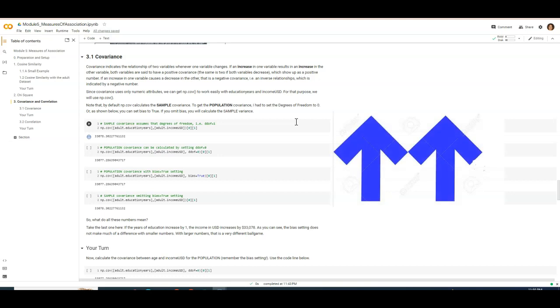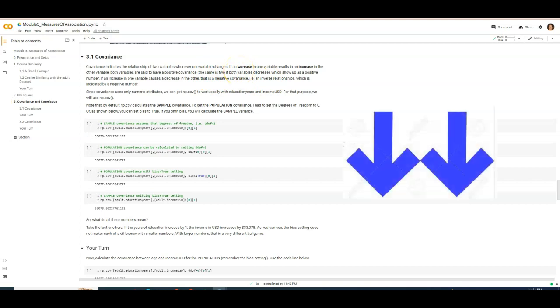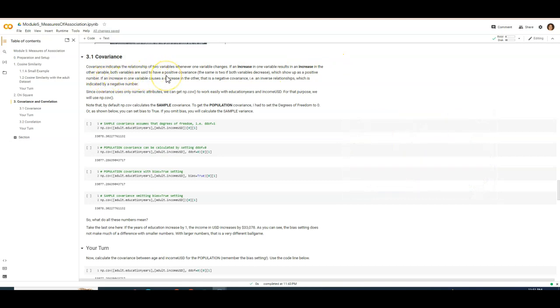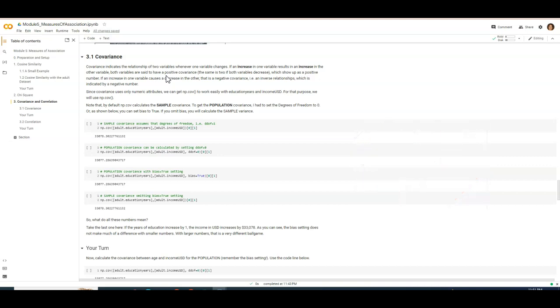If an increase in one of the variables results in an increase in the other variable, both variables have a positive covariance, and if both variables decrease, that is also a positive covariance because they both move in the same direction, and that shows up as a positive number. If an increase in one variable causes a decrease in the other, that's a negative covariance. So if they behave opposite to each other, or inversely, in an inverse relationship, that gives you a negative number. Covariance works only with numeric attributes, so we're back to numerics.